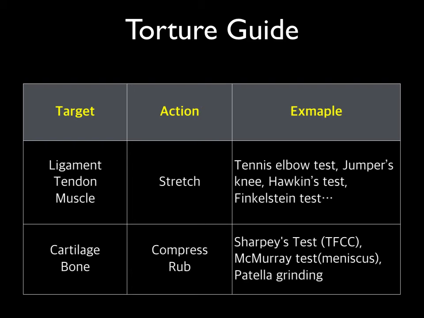Ligament, tendon, muscle. When the target is ligament, tendon, or muscle, you should stretch. That is the action. And the tennis elbow test. How do you test tennis elbow? This is this muscle group. And first, flex this way. It is stretched already. Sometimes they already feel the pain.